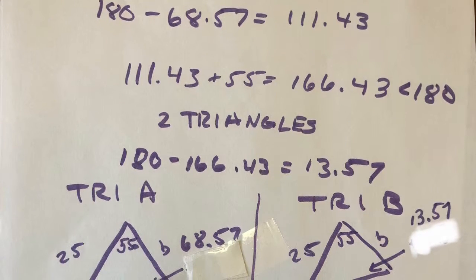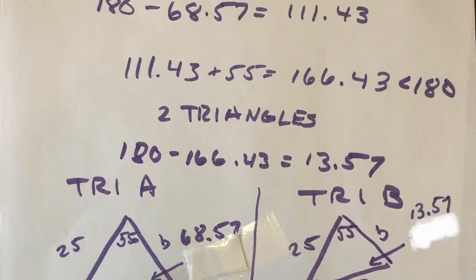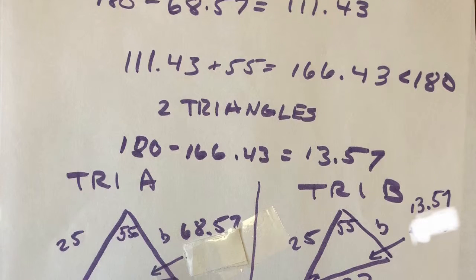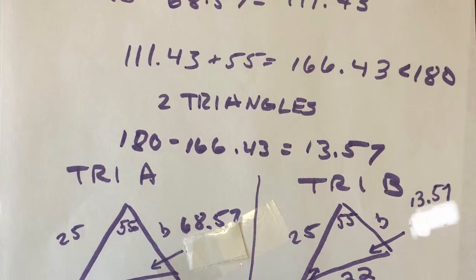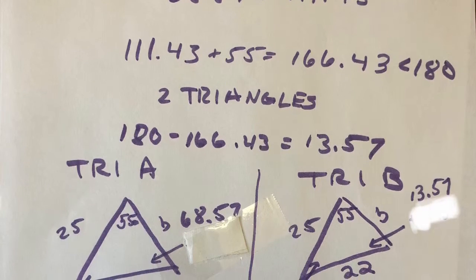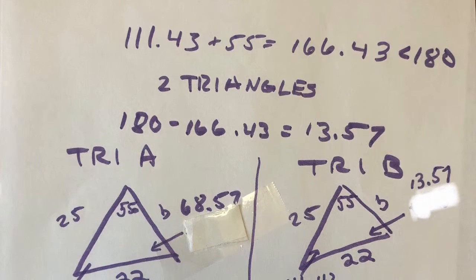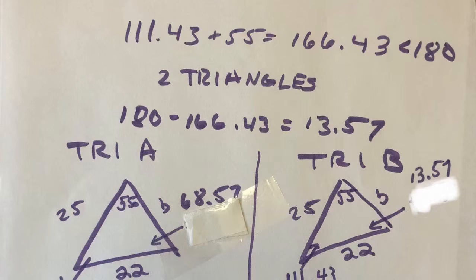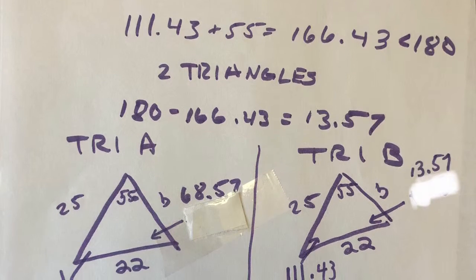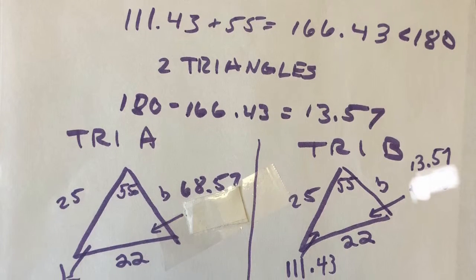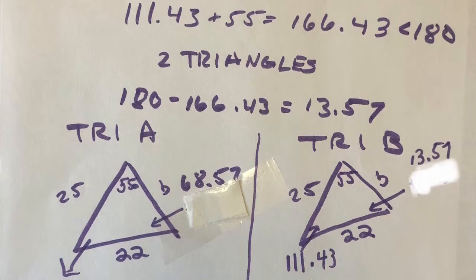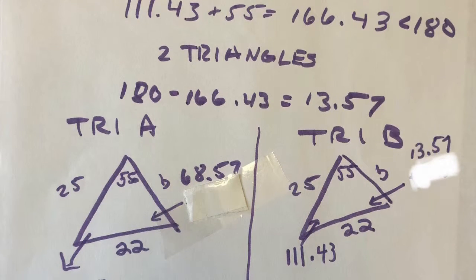Because the numbers we were given were for side-side-angle, this is an ambiguous case. So to find the second angle gamma, we had to do 180 minus 68.57 to get 111.43 degrees for the second triangle.